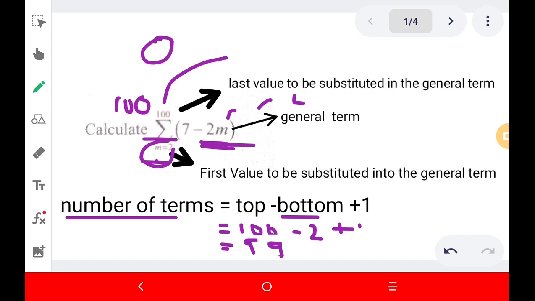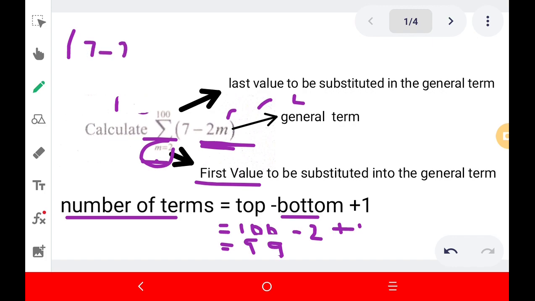As I said, the first value that we can substitute is going to be our 2. So we're going to start by substituting 2 there. Here's what we are going to have: 7 minus 2 multiplied by 2. This is going to give us our first term.